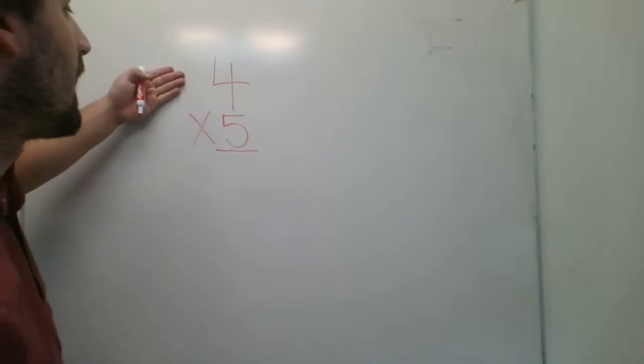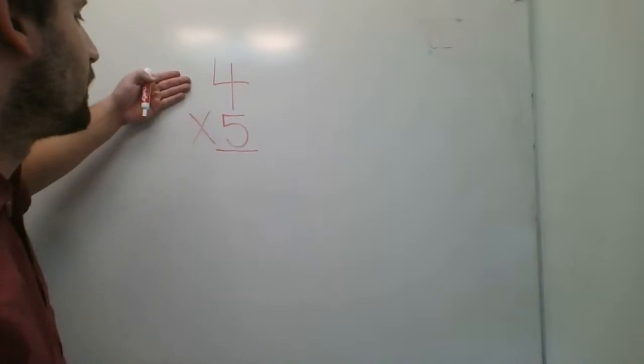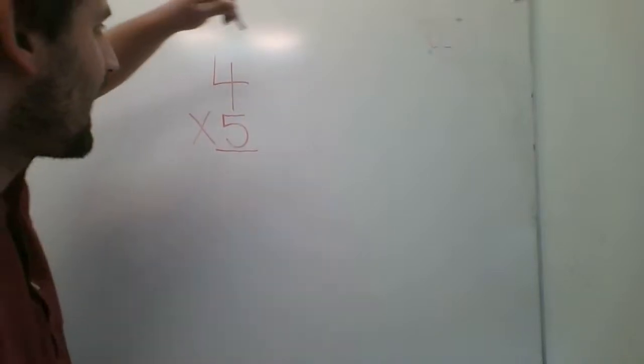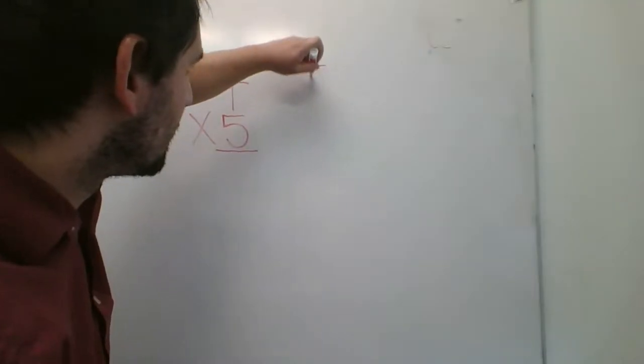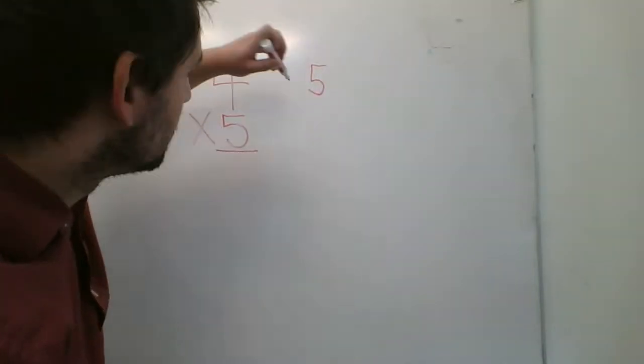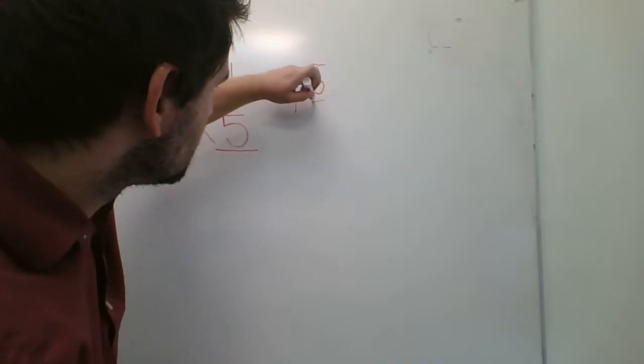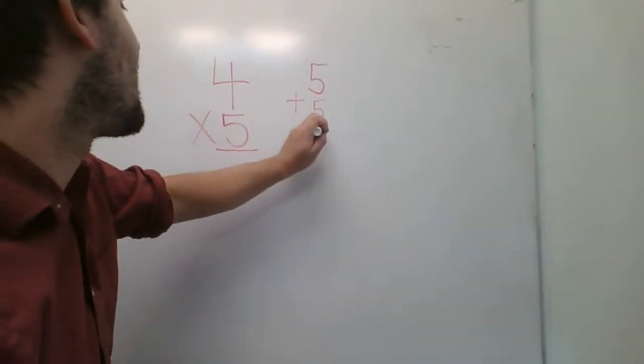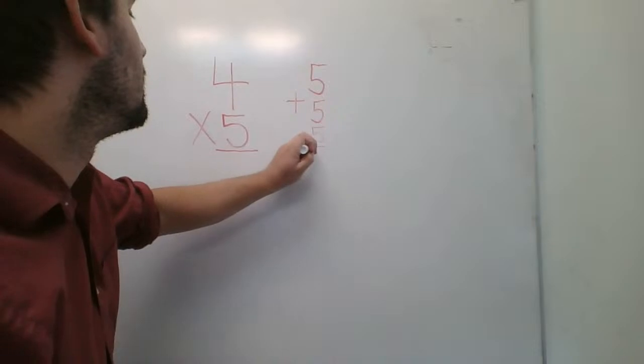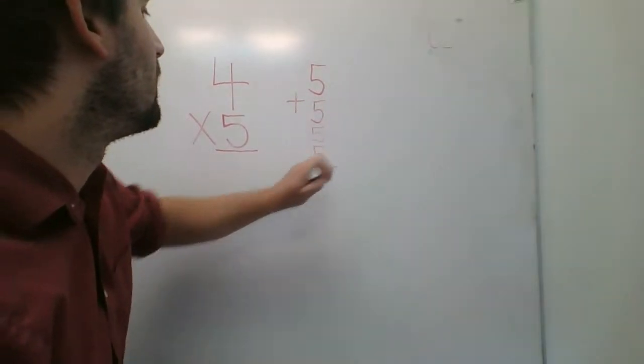So again, if I were to write this as a repeated addition problem, we have 4 groups of 5. We are going to add the number 5 4 times. So we have 5 plus 5 plus 5 plus 5.